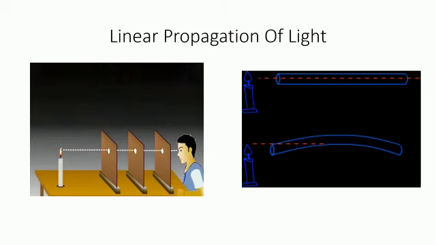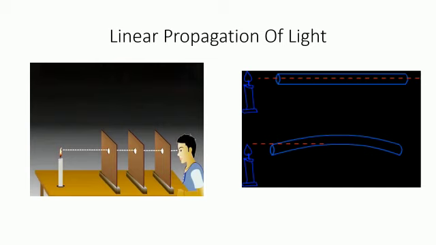When you look through the 3 holes arranged in a straight line, you will be able to see the flame of the candle. Now move any one of the cardboards and look through the holes. Here you will observe that you won't be able to see the flame of the candle.